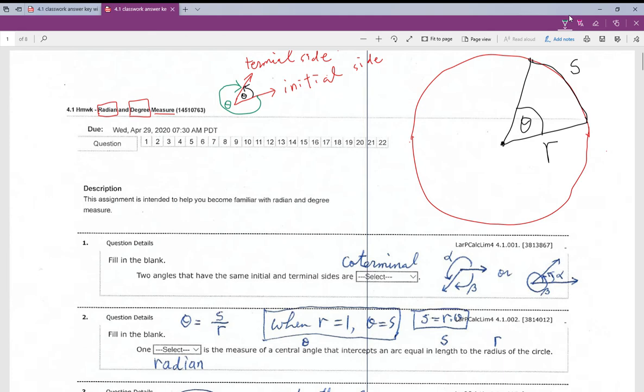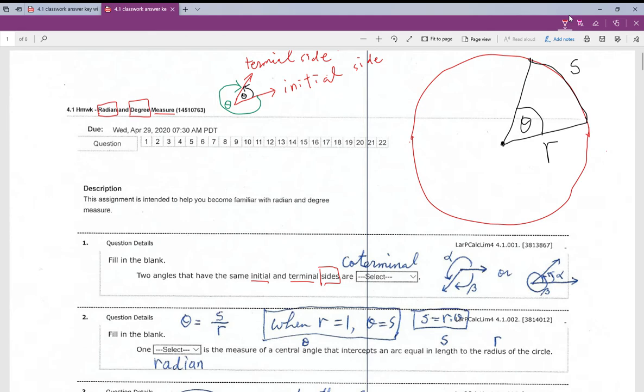Now, number one, we want to learn a new vocabulary word: coterminal. Two angles that have the same initial and terminal side are coterminal angles.